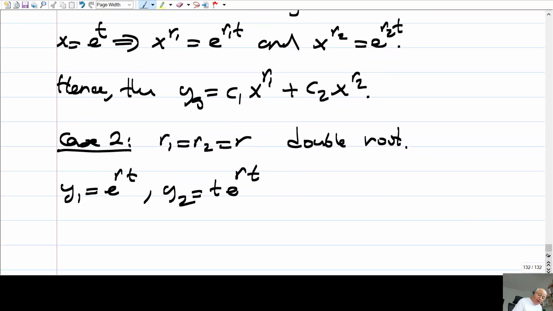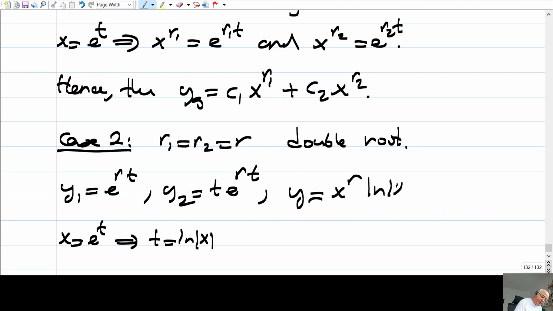If I write these again in terms of x, this is x to the power r. And what is t? Well, x was e to the power t, therefore t is ln x. So what we get is ln x.